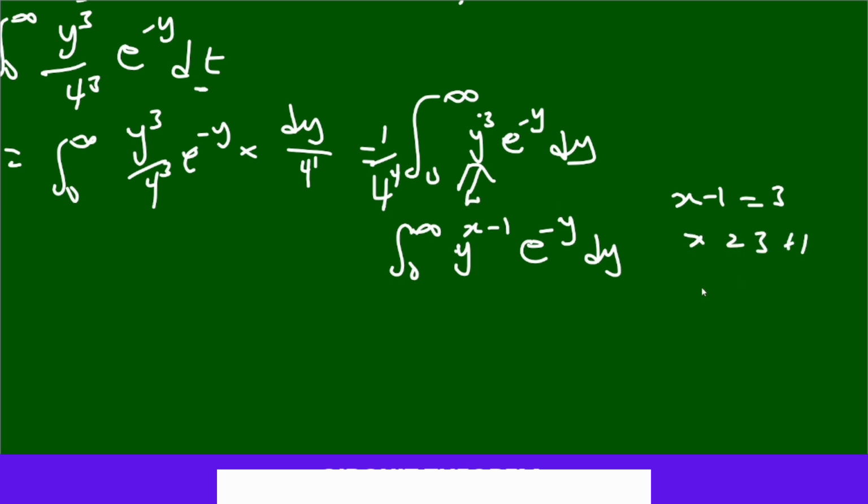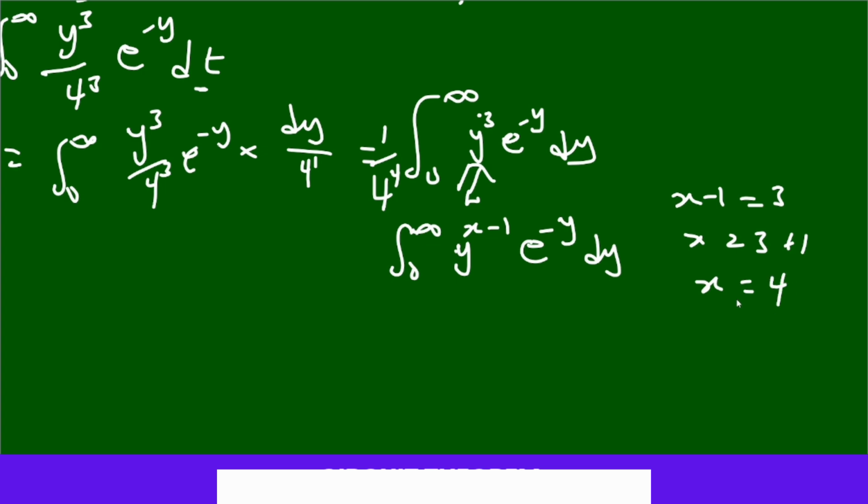If I do it in terms of y, it's going to be y to the power of x minus 1 e to the power of minus 1 y dy. So it means that x minus 1 is equal to 3, right? So you have to compare the two. You can see clearly that x will be equal to 3 plus 1, which eventually gives us x equal to 4.